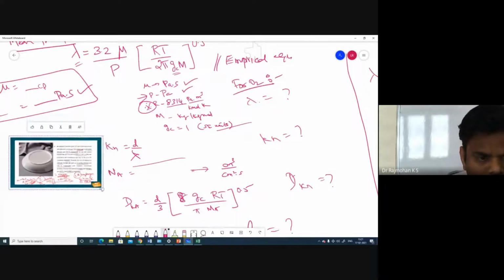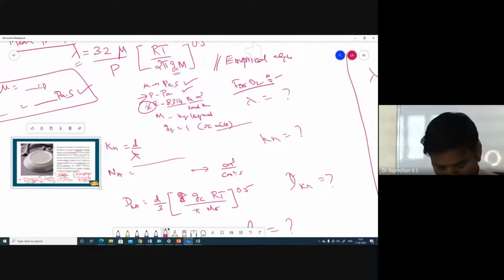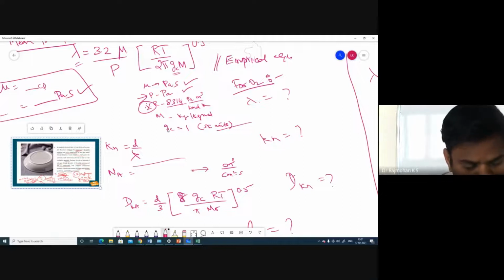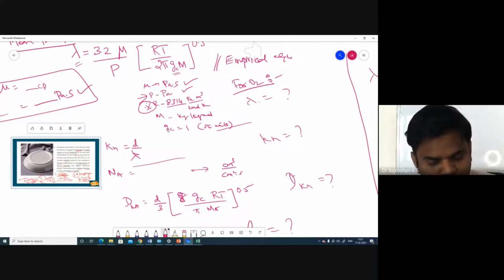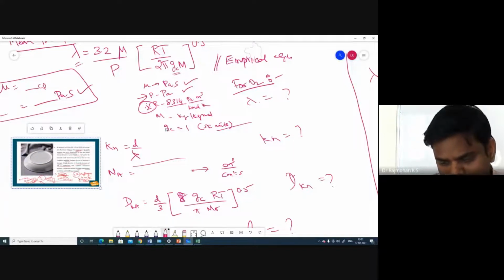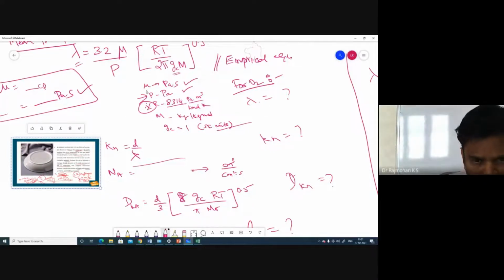For the SI unit system, GC is 1. We will always write G by GC, right? Unless G is accompanied by GC, for the SI unit system we take it to be 1. The unit is going to be the same as the G unit for the respective unit systems. Here we don't bother about the unit because it is an empirical equation.